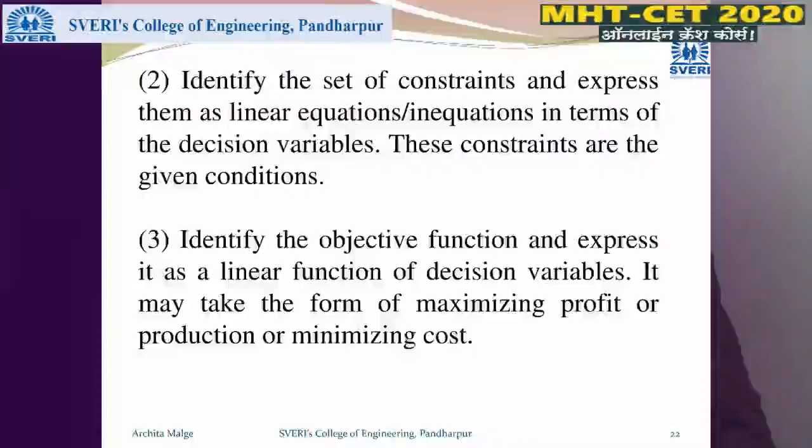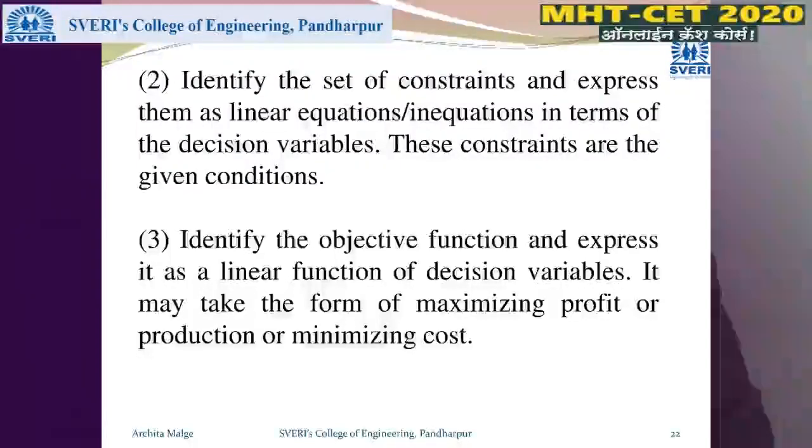First, identify the set of constraints and express them as linear equations or inequations in terms of decision variables. These constraints are the given conditions, and here it is the formulation part. Then identify the objective function and express it as a linear function of the decision variables.